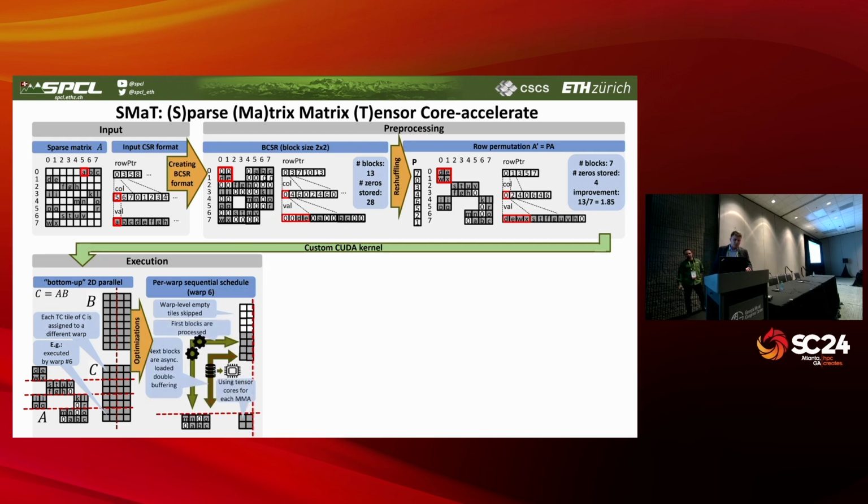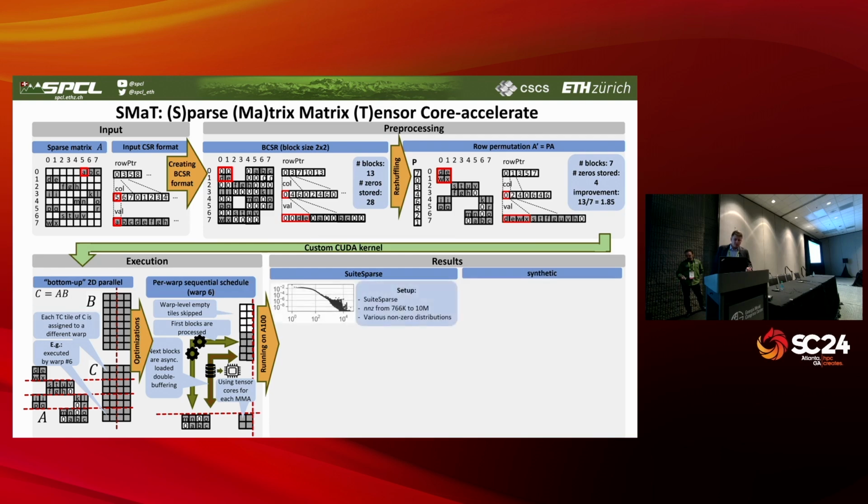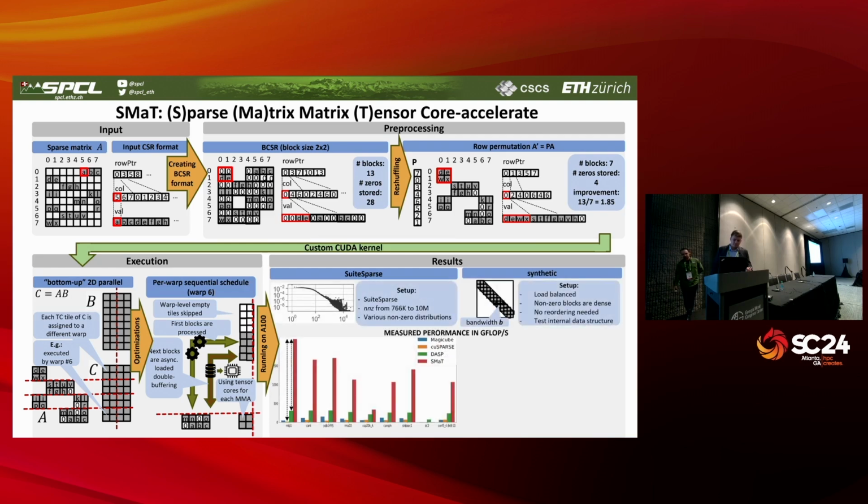Secondly, we perform double buffering and overlap compute with loading. Finally, we utilize the API from Tensor Cores. With all of that, we achieve great results on both sparse matrices and synthetic band matrices, as we will see later.